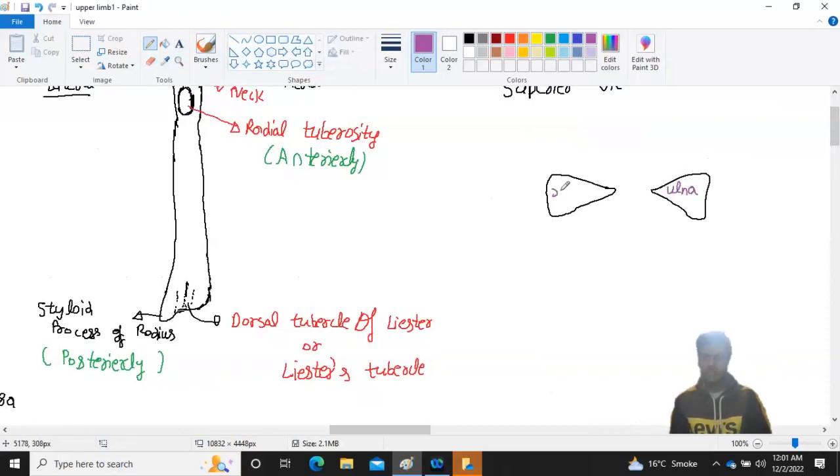And this is radius. Then there is a fibrous membrane between them, called the interosseous membrane, which helps in formation of the joint. Then let's say this is the anterior side. Anterior side, ऐसे हमारा हैंड रखा है, तो this is anterior and this side is posterior. ऐसे सीधे खड़े, so this is anterior and this is posterior.